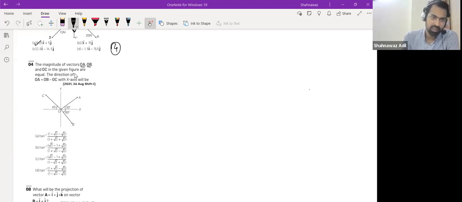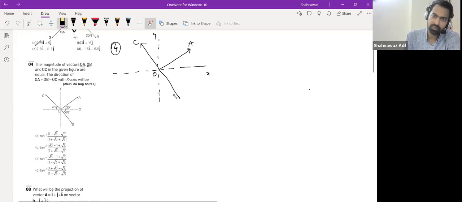So the magnitude of vectors OA, OB, and OC, right? So we have the x and this y coordinate, and this is the OA vector, and this is the OC vector, and then we have this OB vector.